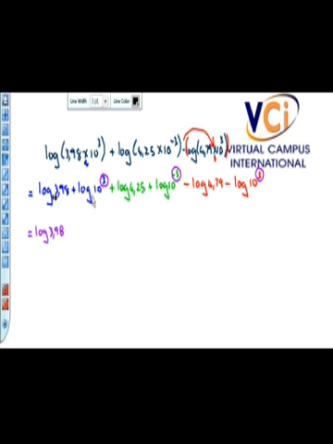If there are no base numbers indicated, you can assume it's always 10. And that is called the general logarithm. We don't always write the base 10, but if there is nothing, you can assume it is base 10, and that basically is called the general logarithm. It's one of the definitions. So you can assume that there's a 10 at the base.